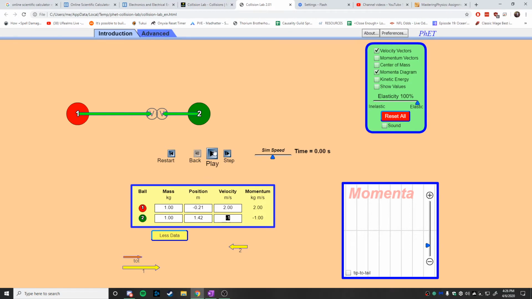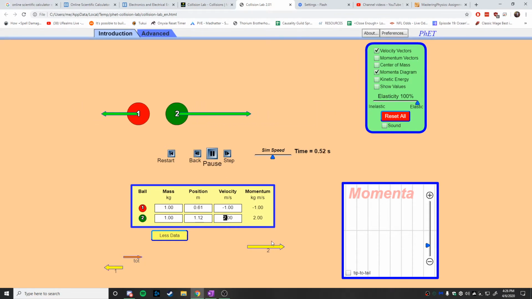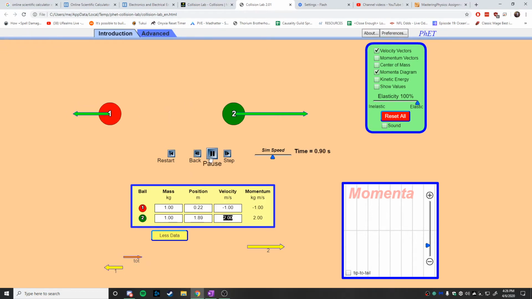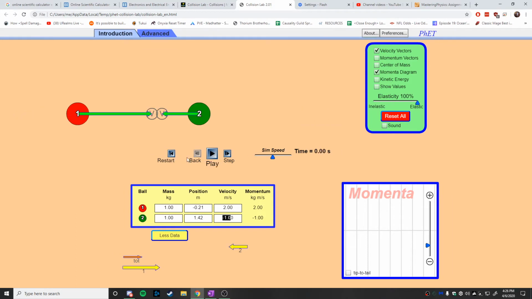So watch what happens when we do this. I would argue that they're going to exchange velocities. You see that? The relative velocity before the collision is +3. The relative velocity after the collision is going to be -3, right? Which is another way of saying that they're just going to switch velocities.